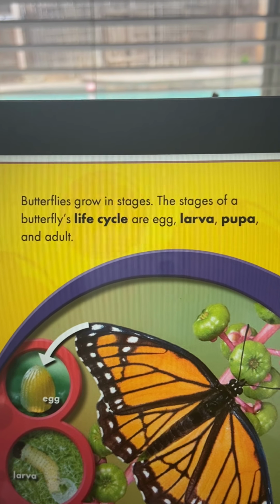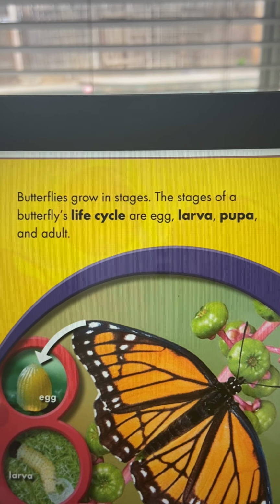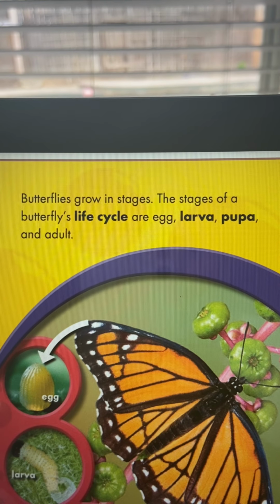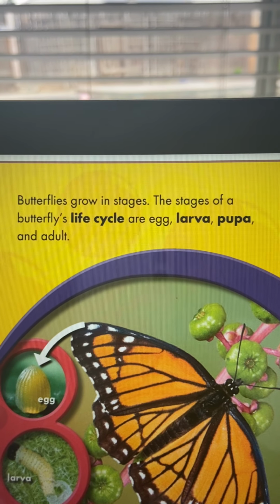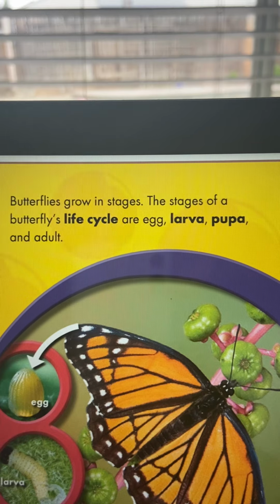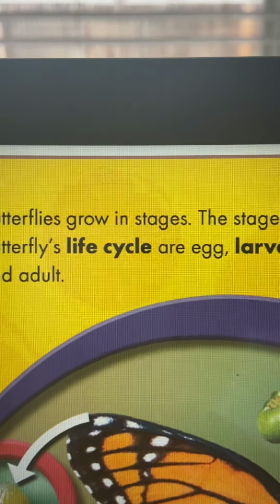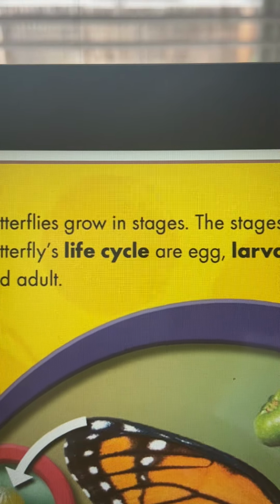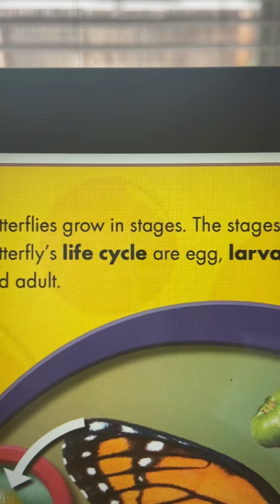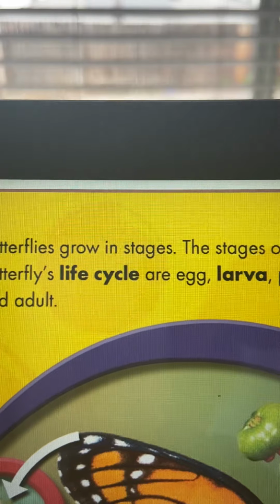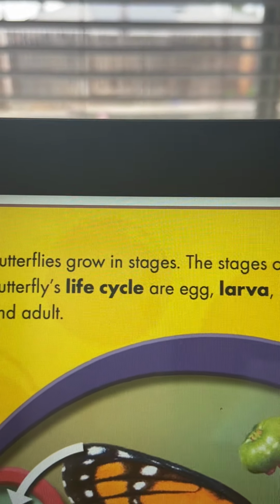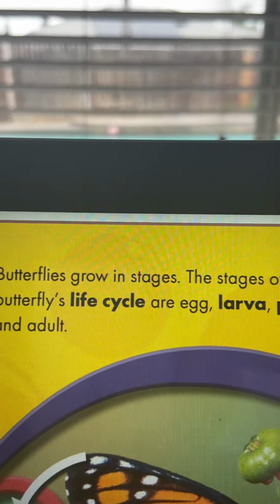Butterflies grow in stages. The stages of a butterfly's life cycle are egg, larva, pupa, and adult. So again, guys, a life cycle is basically like stages, like steps. Okay? Humans, us, we have a life cycle. Most insects have a life cycle. Almost every single animal has a life cycle.